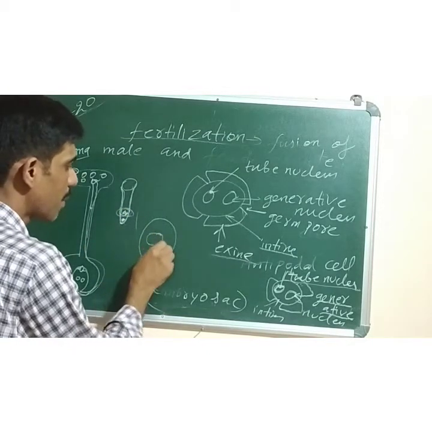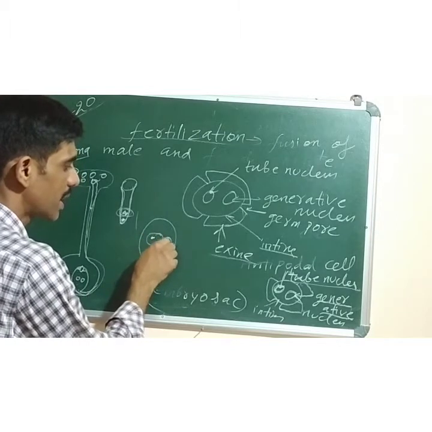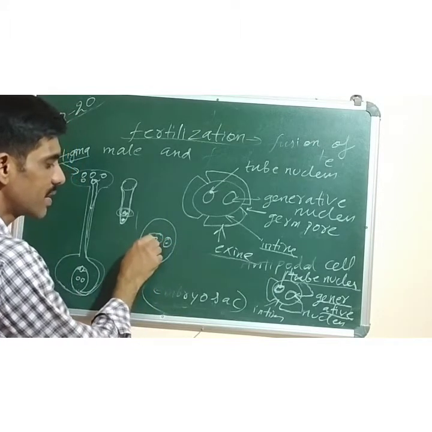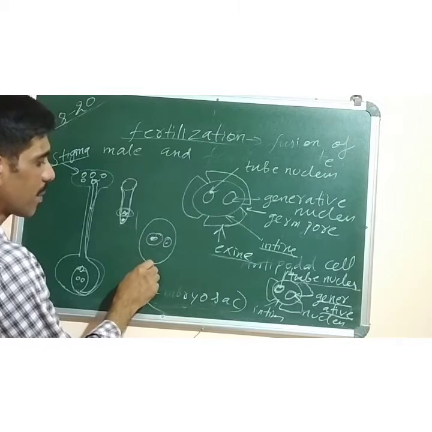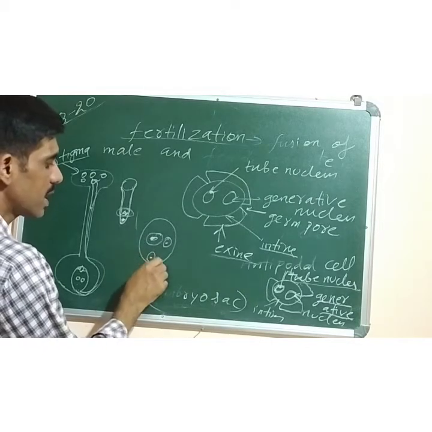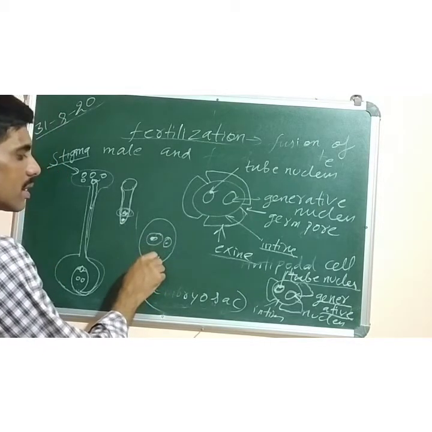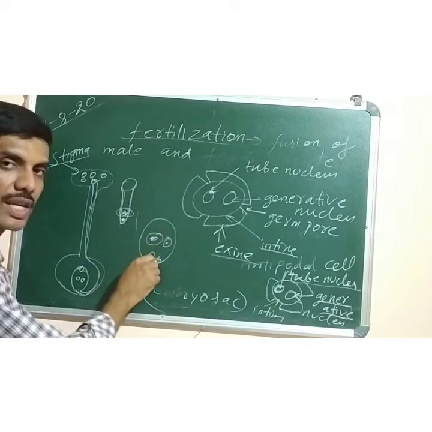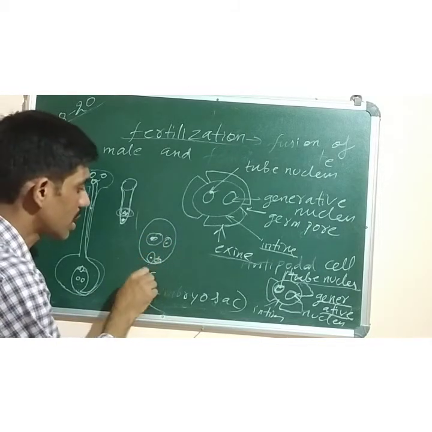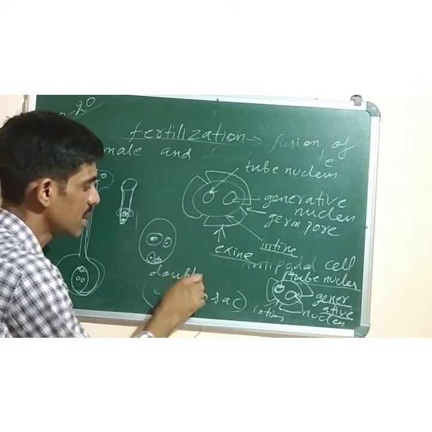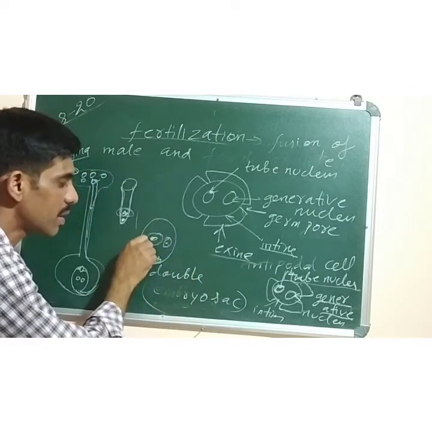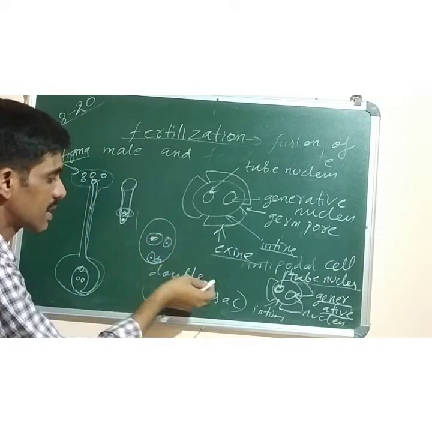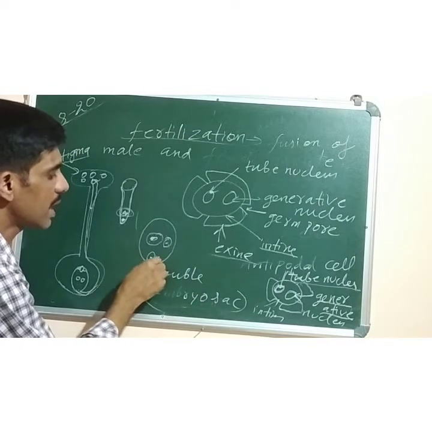One male gamete will fuse with the secondary nucleus. The other male gamete will fuse with the egg cell. Because fertilization occurs 2 times, it is called double fertilization. Got it? One fertilization is between the secondary nucleus and the male gamete. The second fertilization is between the egg cell and the male gamete.